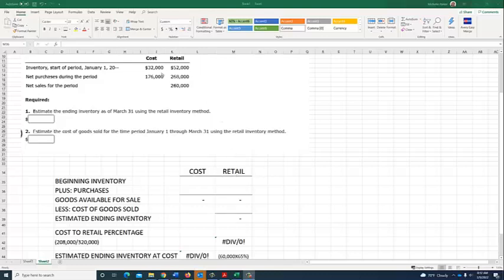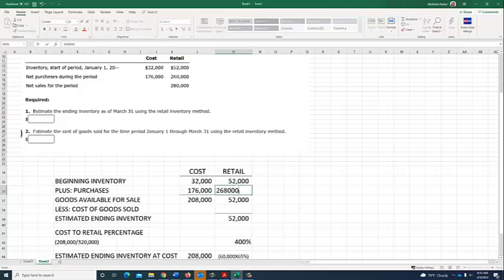And now I'm just going to start moving the figures that I'm given down into the cost of goods sold formula. So the beginning inventory is at cost $32,000 and at retail $52,000. The net purchases are $176 at cost and $268 at retail. So now we have our goods available for sale both at cost and at retail.